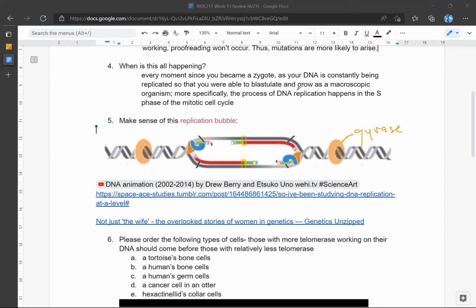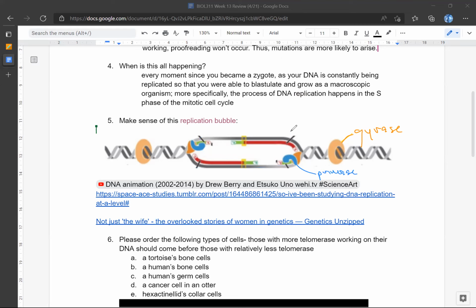That is a great guess, but it is not accurate. These blue guys are our primase enzyme. These are the enzymes that attach primers to our original template strands.